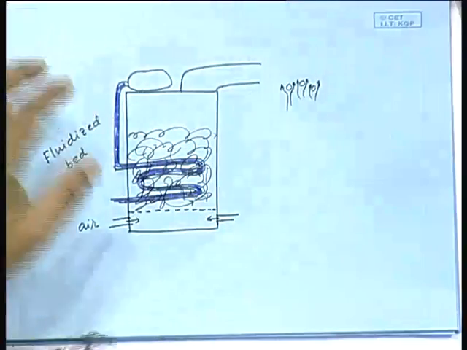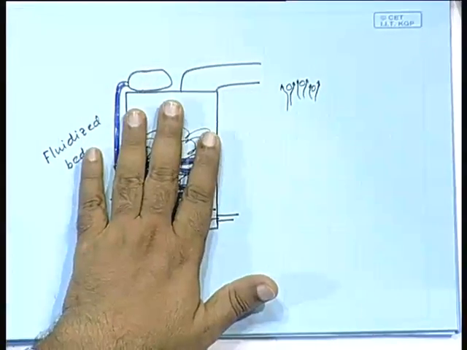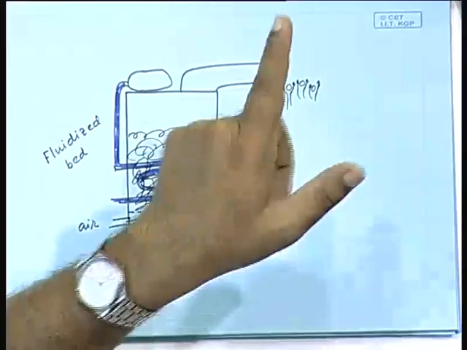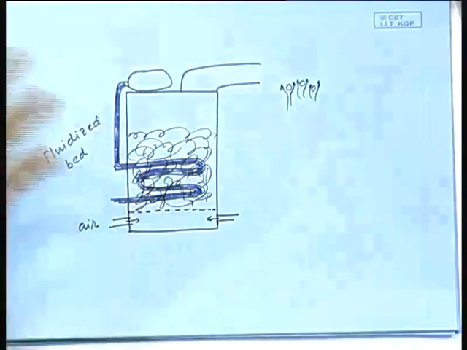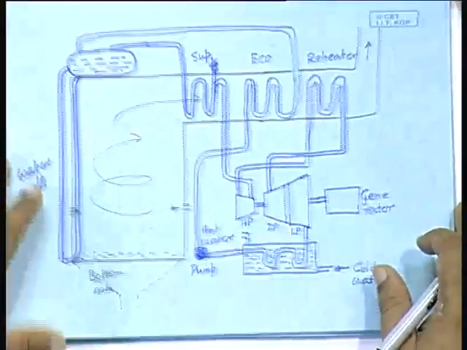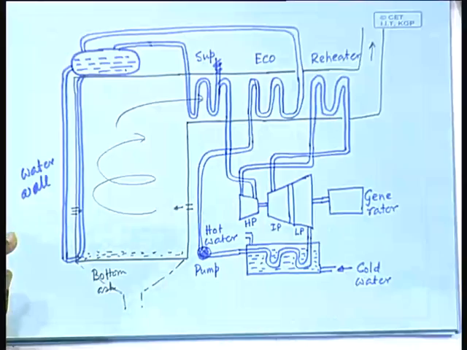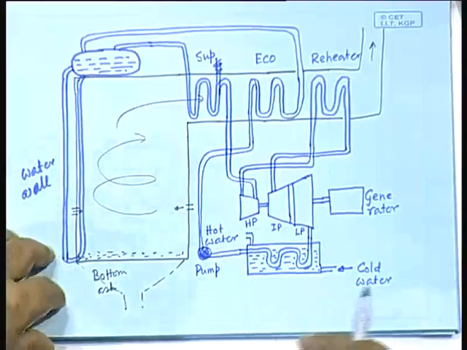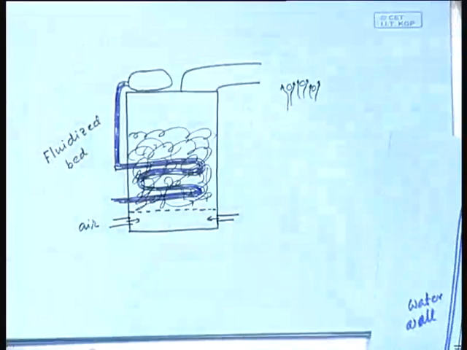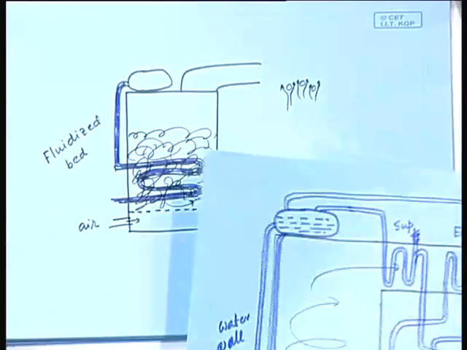The only advantage is that now the amount of fly ash will be far less, and therefore you can make do with a smaller size of electrostatic precipitator. Okay. So many of the power plants that are coming up today are now of this type, fluidized bed type, because we want to get rid of the problem.